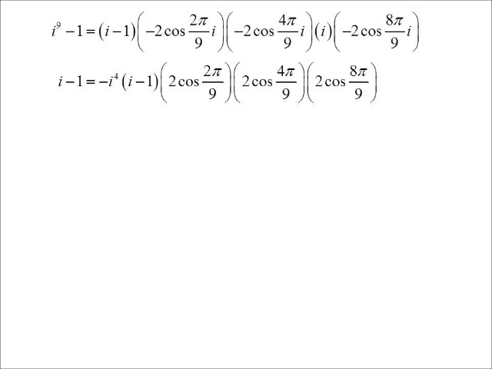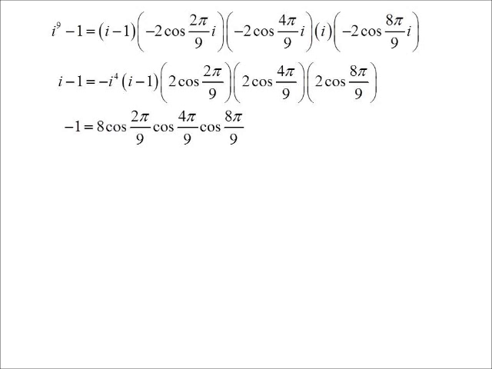So, they will cancel. I've also taken the i to the power of 4 out as a factor, because have a look. Each of these have i as a factor. So I've taken that out. But i to the power of 4 is equal to 1. So I can now say negative 1 is equal to 8, 2 times 2 times 2, 8 times the cos of 2 pi on 9, cos of 4 pi on 9, cos of 8 pi on 9.